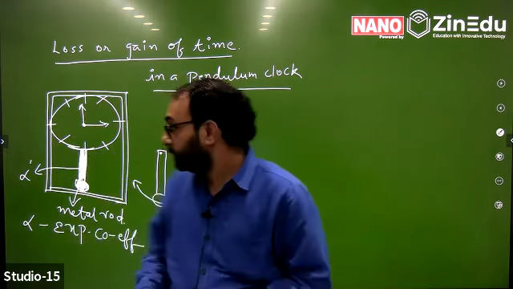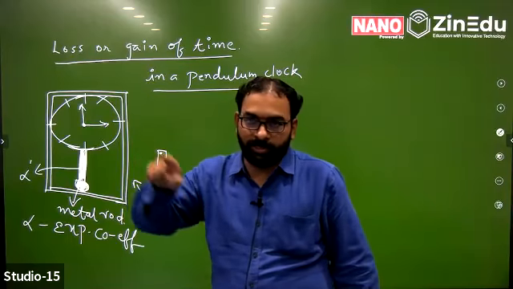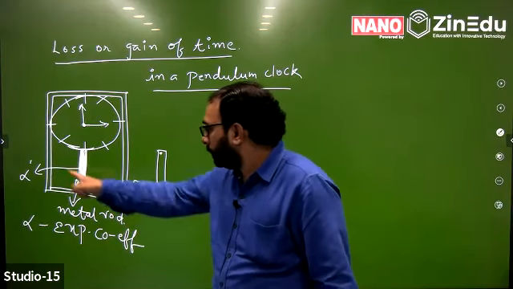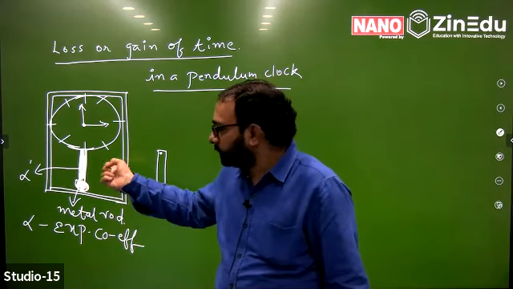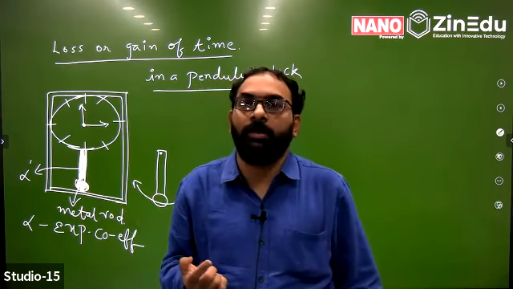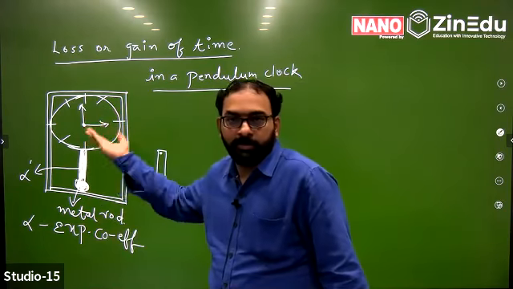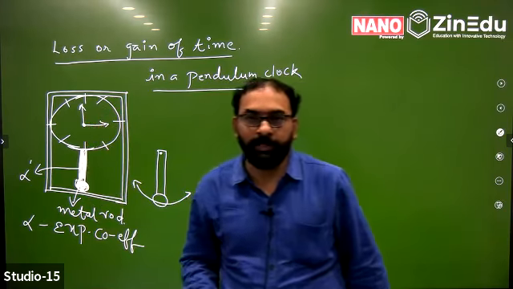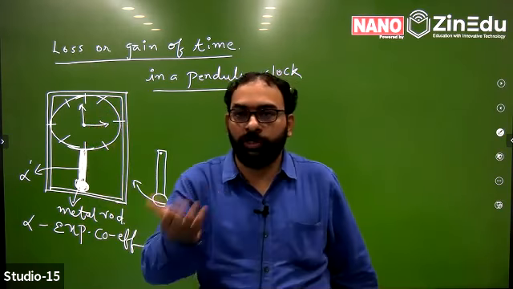This pendulum rod undergoes oscillation. One to and fro motion is taken as 1 second, and 60 to and fro motions are counted as 1 minute. Like that, when 60 minutes are completed, the clock shows 1 hour.